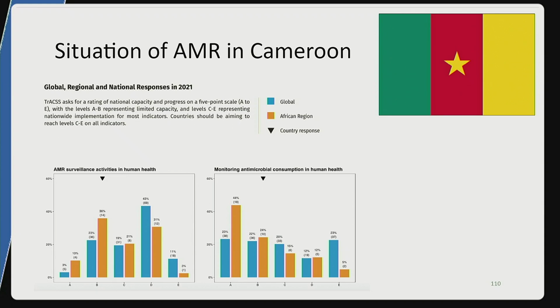So there is still a lot of improvement to do in terms of surveillance, but also in terms of monitoring antimicrobial consumption in human health, because we really need to look at the two sides. One, in the lab, what is going on in terms of surveillance, but two, also how antibiotics are provided. Because if we improve the antibiogram, but then we don't improve how people are receiving antibiotics, then we are missing an important part of the puzzle.